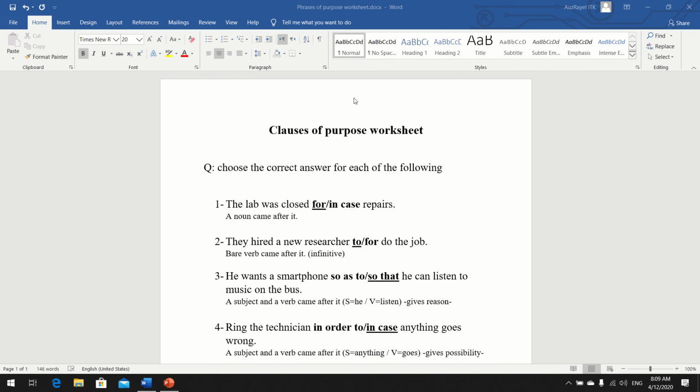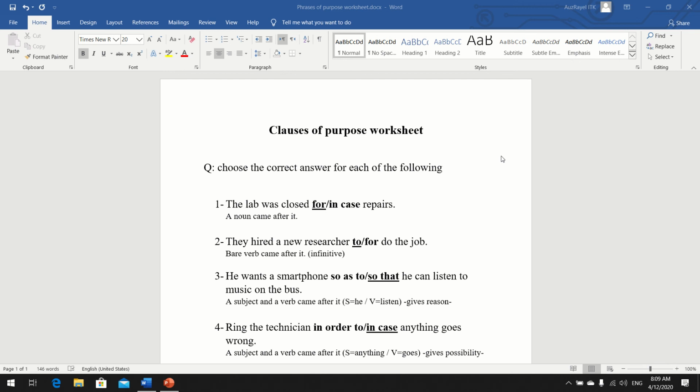So the question says, choose the correct answer for each of the following. So here we have a group of clauses of purpose, and we need to choose one between two of them for each of the sentences. Okay, so the first sentence says, the lab was closed for repairs.